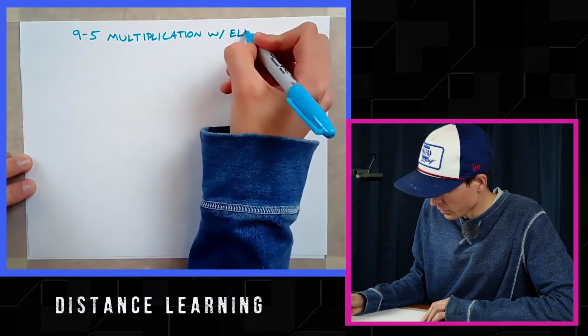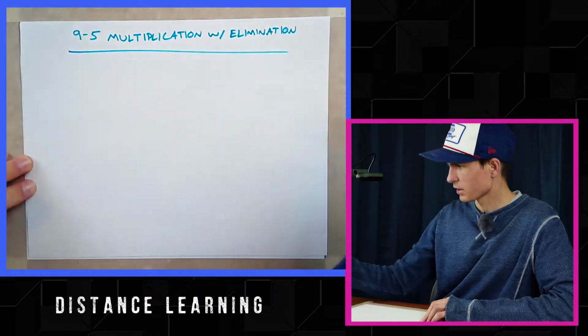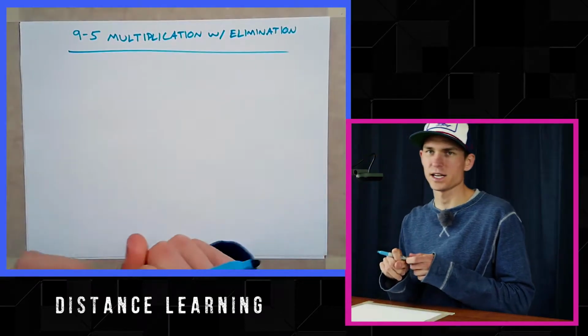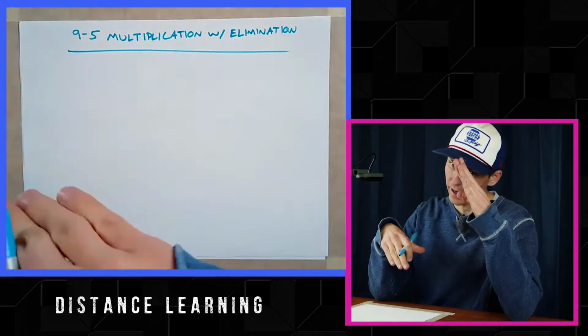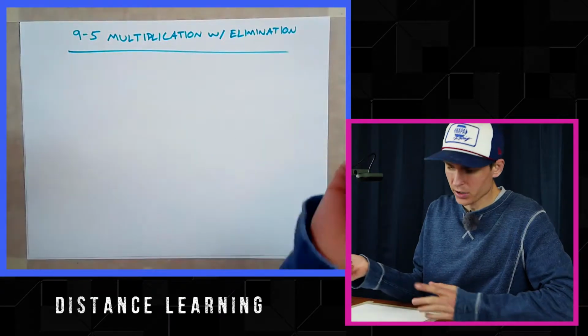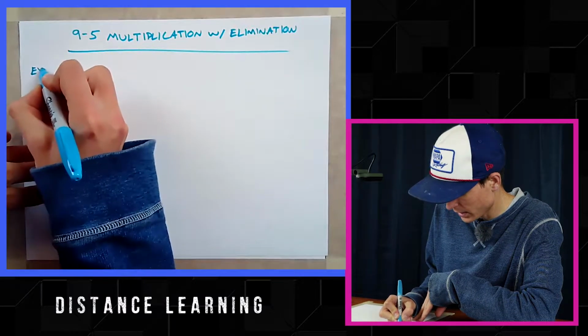So I'm just going to call this one with elimination. Last time you noticed everything was lined up basically for you to just add or subtract. Now you have to do a little bit of thinking, but not too much, so let's get right into it.